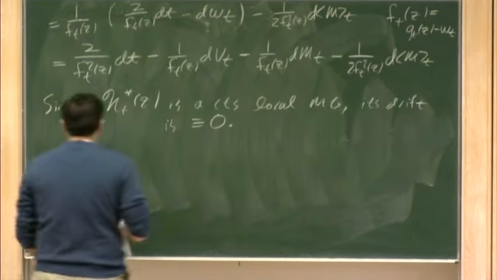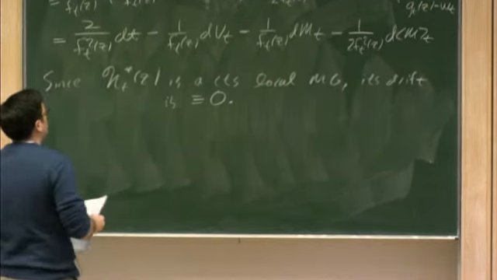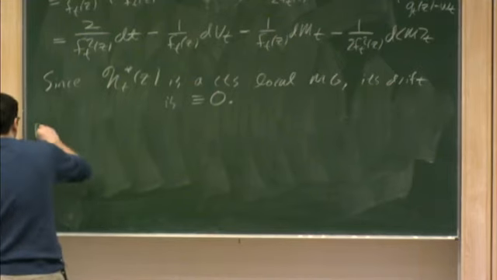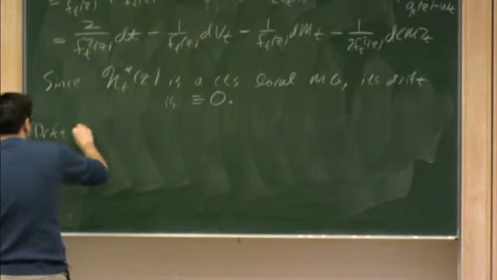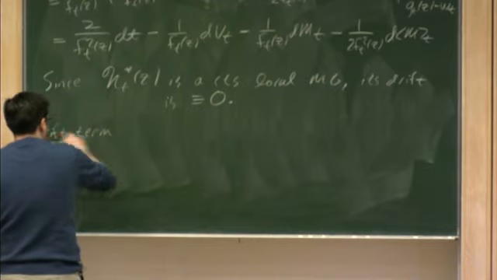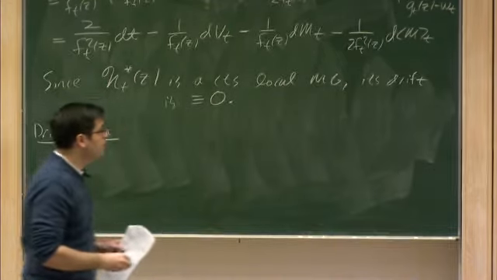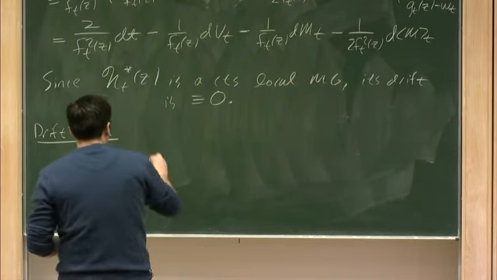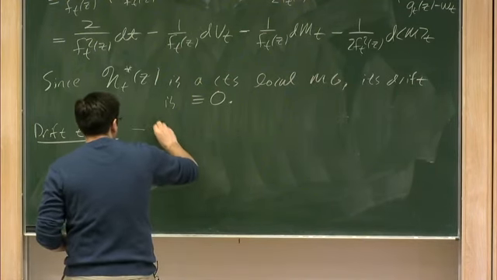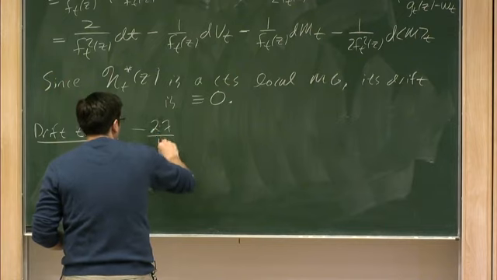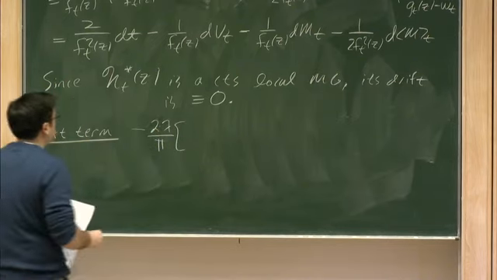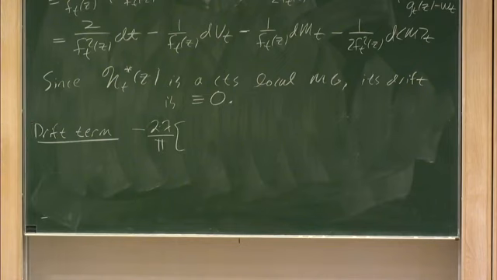And what is its drift equal to? The drift term is just going to be minus 2 lambda over pi times the drift term for the log.